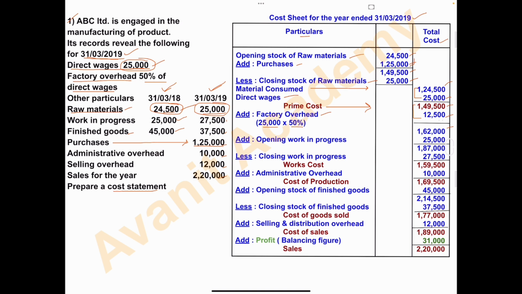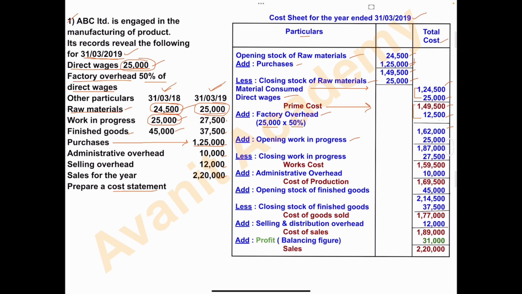In this problem, they have given work in progress. Opening work in progress we have to add and closing work in progress we have to less. So right here add opening work in progress. Opening work in progress amount is, see the problem, 25,000 work in progress on 2018, that is the opening. Work in progress amount is 25,000.